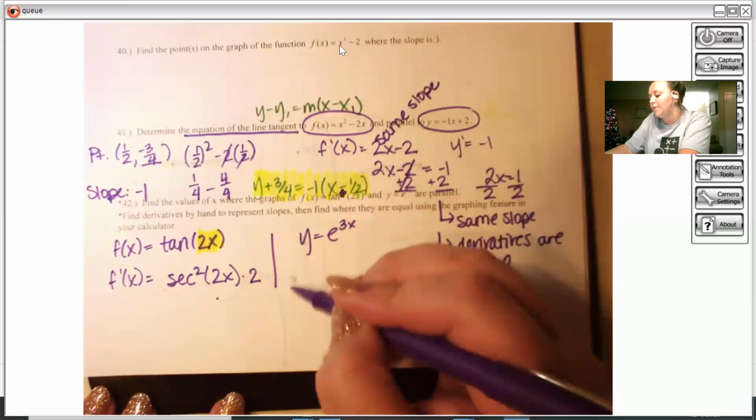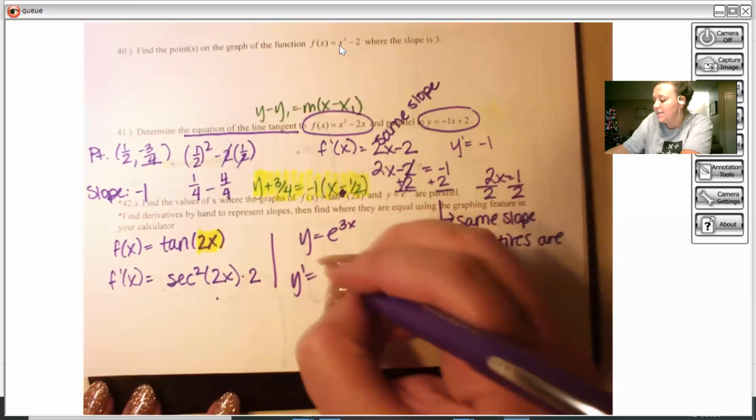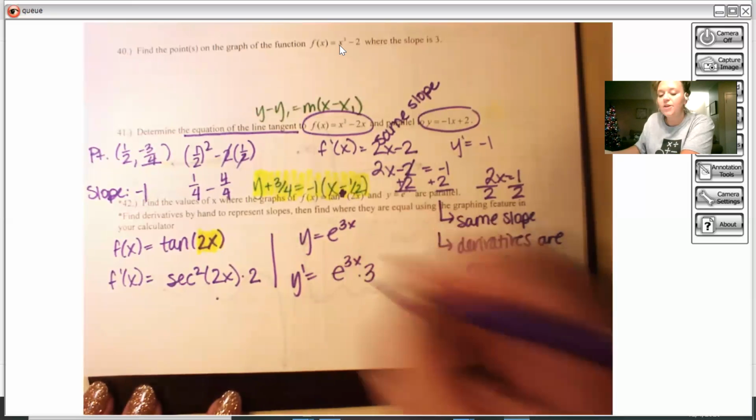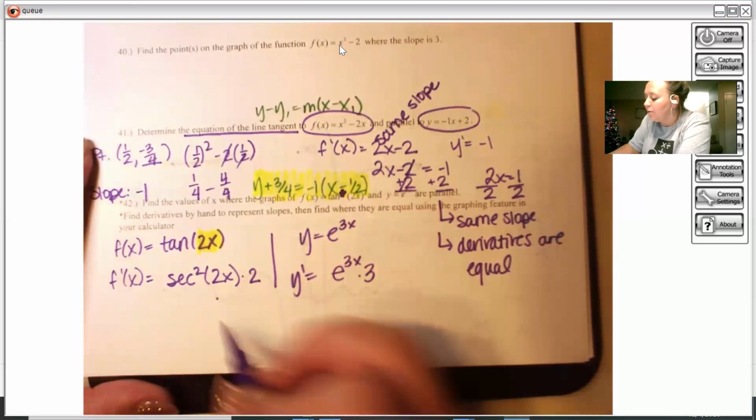So y prime equals, the derivative of e to the 3x is going to be e to the 3x times 3. You can put the 3 in the back like I did there, or you can put it in the front, doesn't matter. So what I'm going to do from here is, if I need these to be equal, very important for the AP test, I need to show that I'm setting them equal.